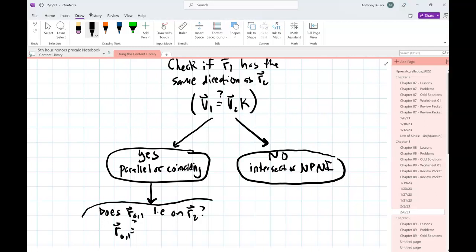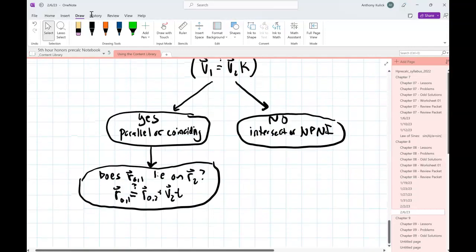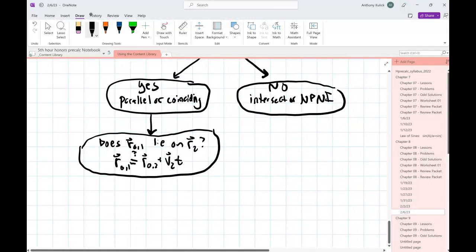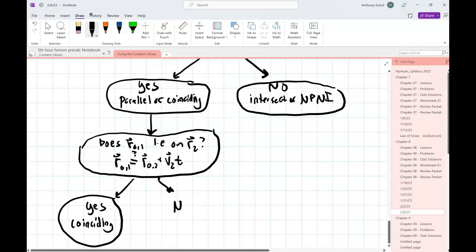To do that, we're going to plug that vector into R2 and see if I can solve that system, if I can get the same value of t every time. So if it's yes, then we have coinciding. If it's no, then we have parallel.